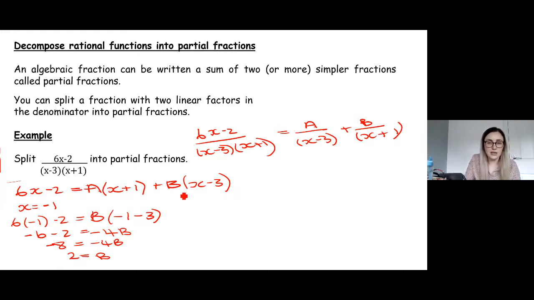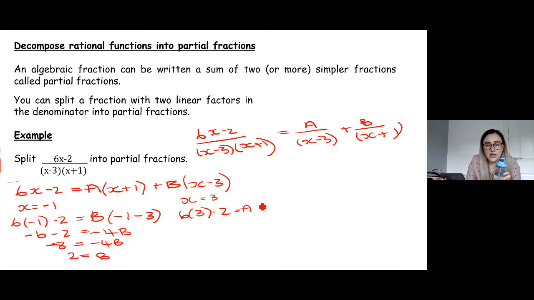Now I'm going to do the exact same thing again to eliminate b. To do that, I'm going to use the positive of this, so x equals 3. So 6 times 3 minus 2 is equal to, now I've eliminated b for this one, so I'm just going to sort out my a's.